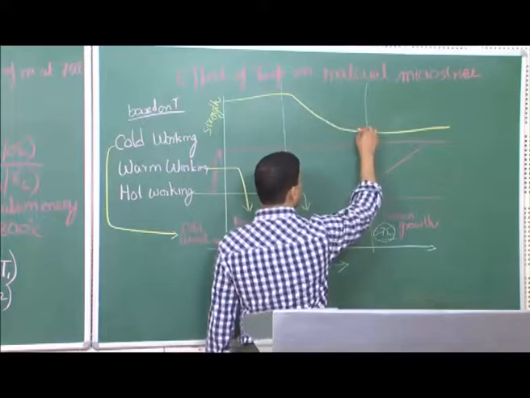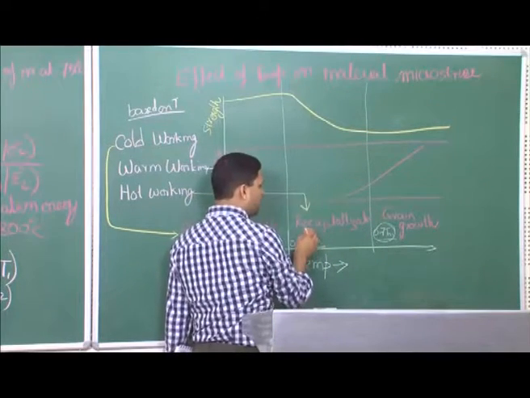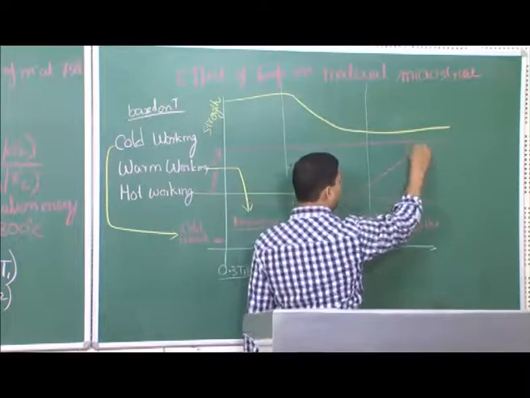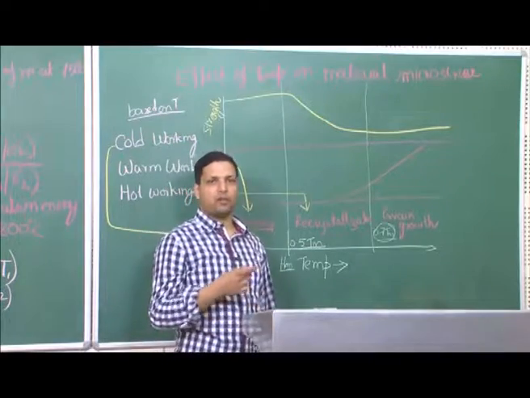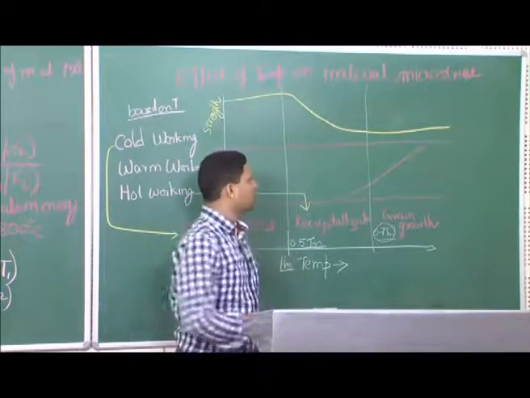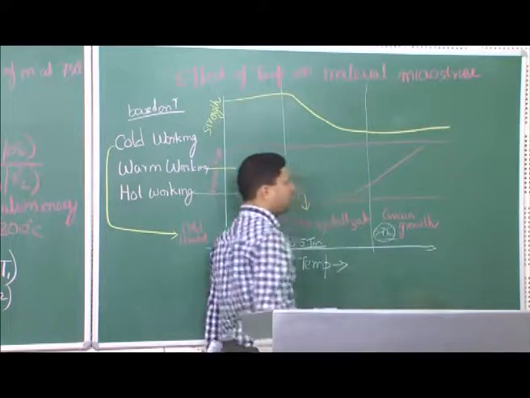So, you can see that the strength begins to decrease from the onset of recrystallization, and by the time you get to the grain growth region, where all the strain free grains have replaced the old deformed grains, your strength has dropped to a base level. So, this is your base level strength.